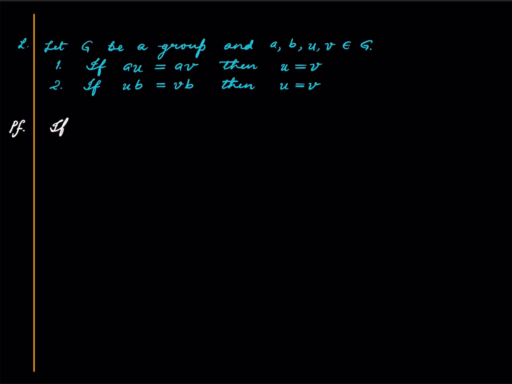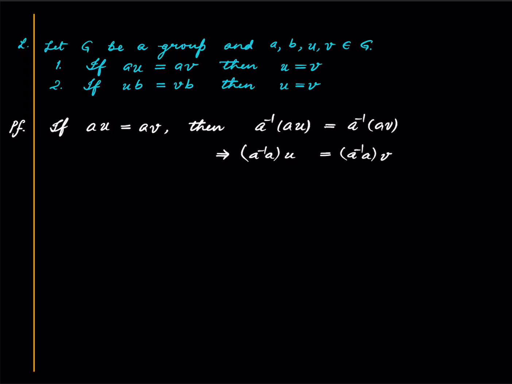If au equals av, then we operate by a inverse on both sides. We use associativity, which means eu equals ev, but e is the identity, so this means u equals v.